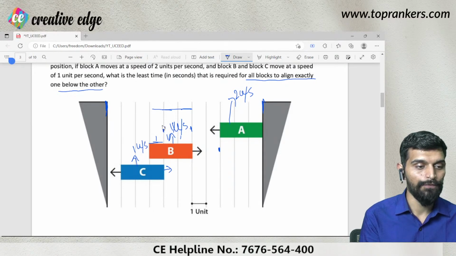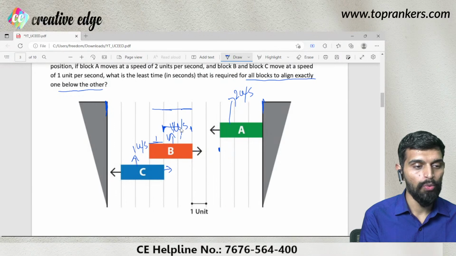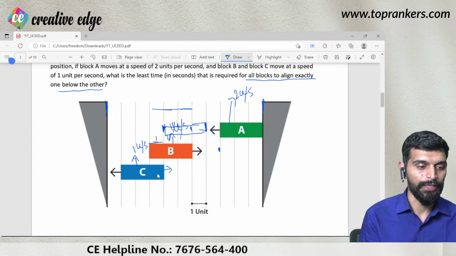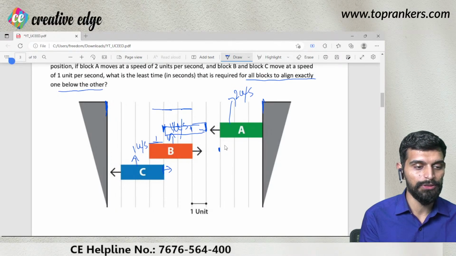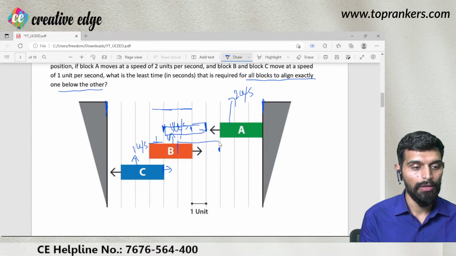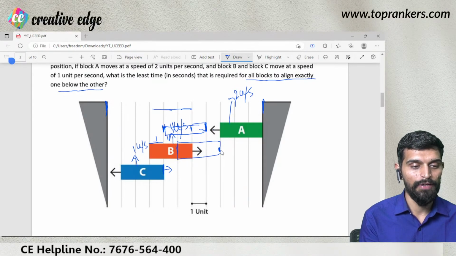So this will be the front part of A, 1, 2, and 3. This is how A will look after 2 seconds. C will be at the same position, B will be here, in this particular situation after 2 seconds.